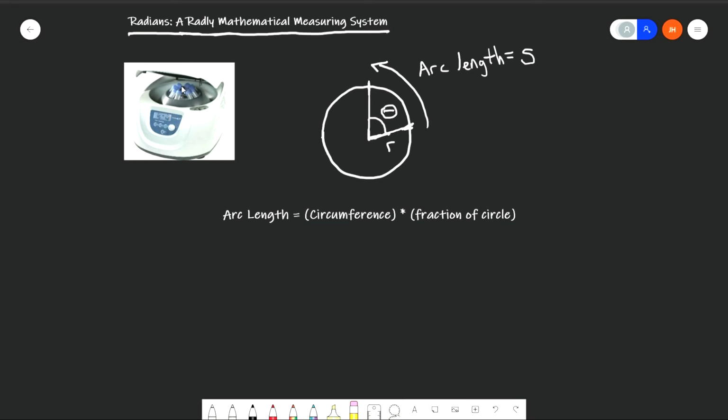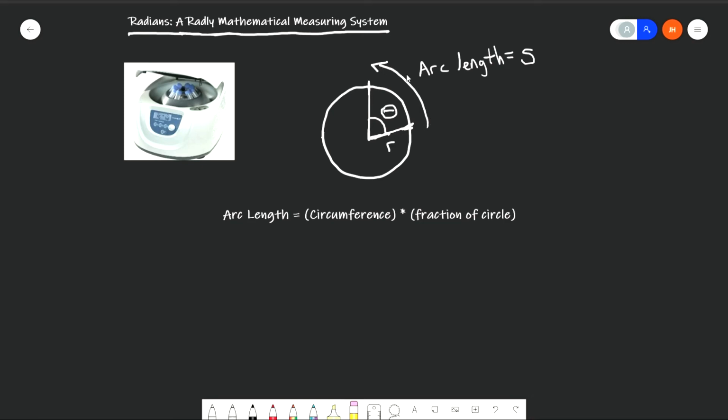Essentially, this centrifuge has vials of blood, and it rotates them at a very, very fast speed. The centrifugal force will cause the blood cells and the plasma and all the components of the blood to separate because of the force of it. That's a story for a whole other time.